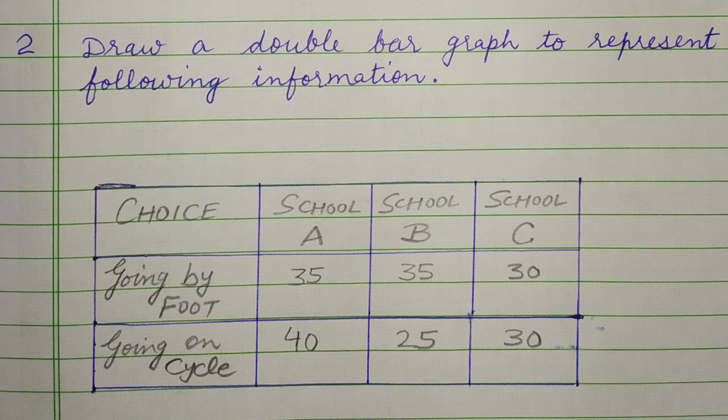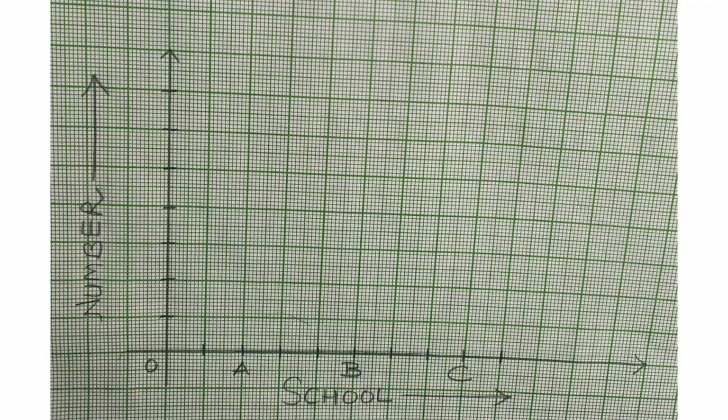On the x-axis of the graph paper we will mark the schools, while on the y-axis we will take the number of students who have the choice to go to school. See, the beginning of every graph is the same. Take a graph paper, mark two lines perpendicular to each other as shown in the figure, draw the x-axis and y-axis and make the partitions like this.